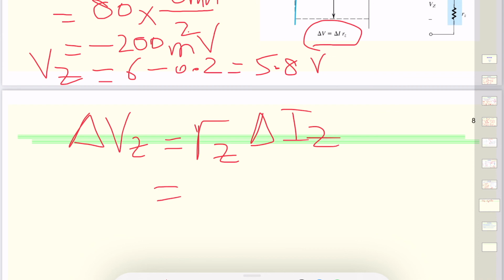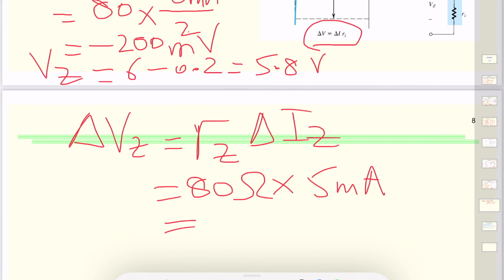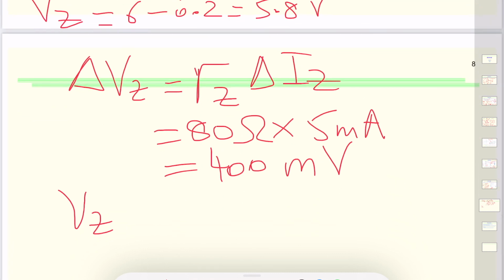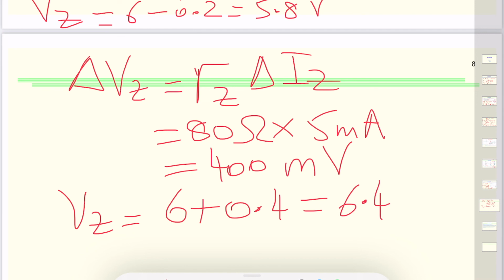So 80 ohms times 5 milliamps is 400 millivolts. Now VZ is going to change by 6 plus 0.4, which is 6.4 volt.